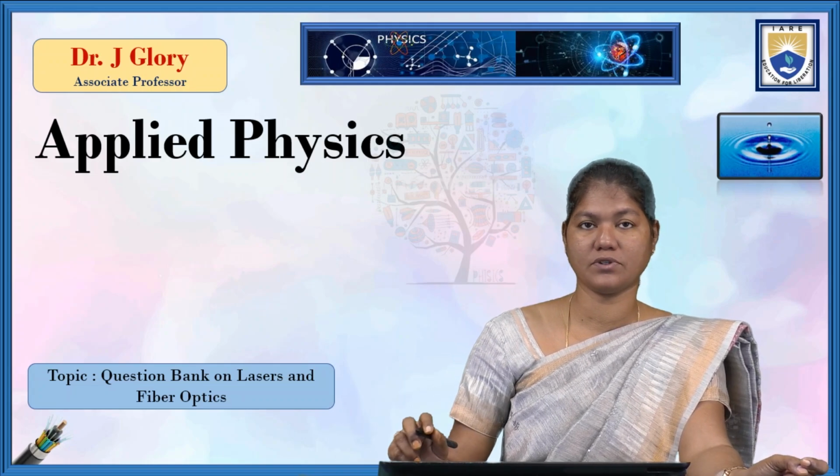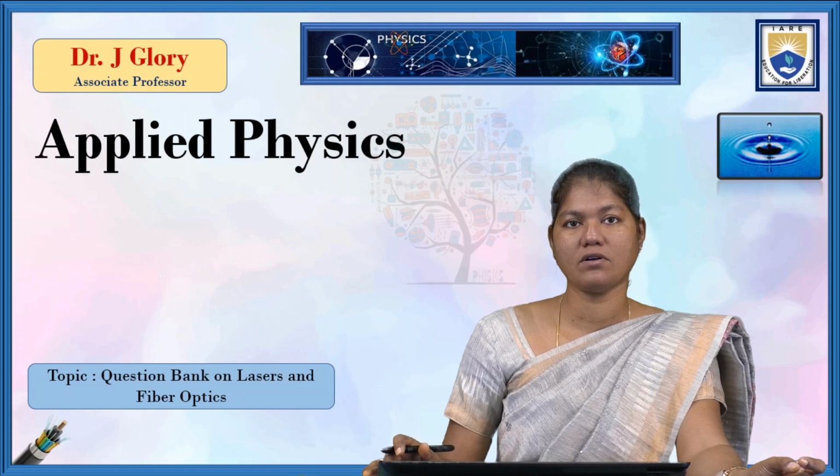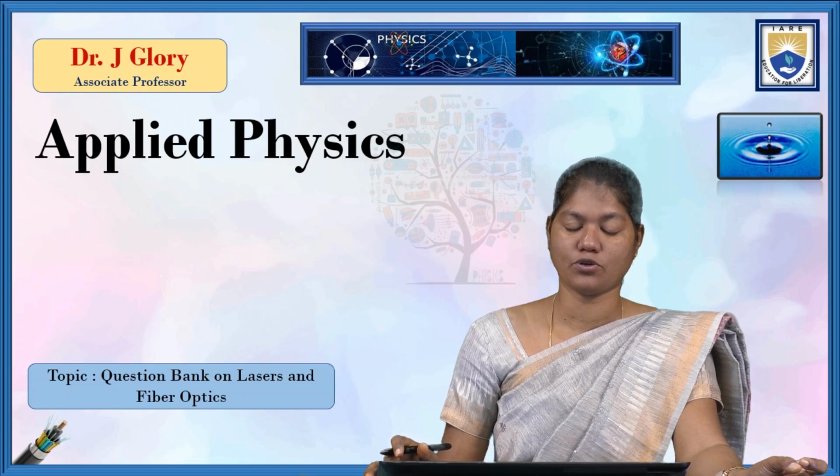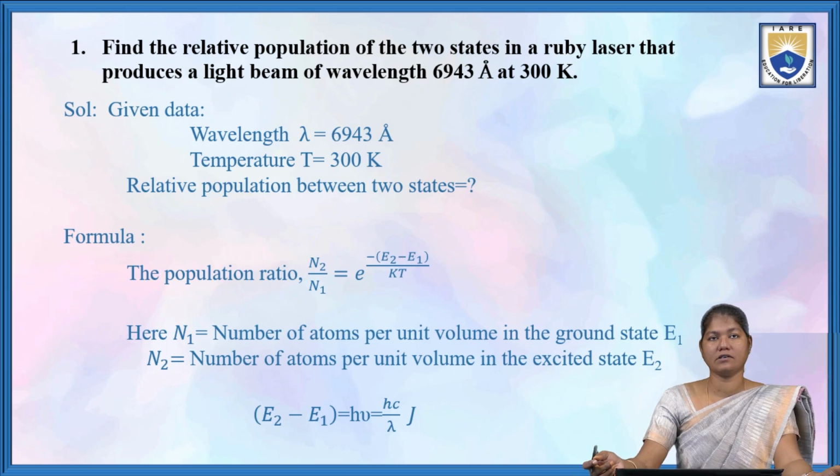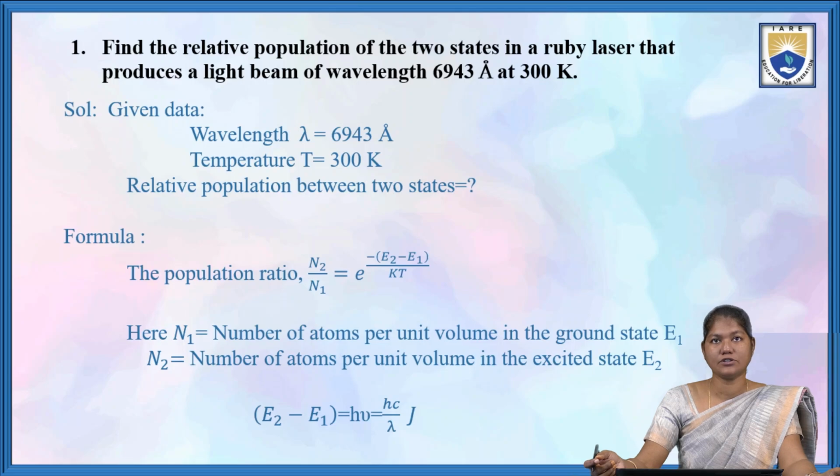Today I wish to tell about the question bank on lasers and fiber optics. In this first question, the first problem is to find the relative population of the two states in a ruby laser that produces a light beam of wavelength 6943 angstroms at 300 degrees Kelvin.